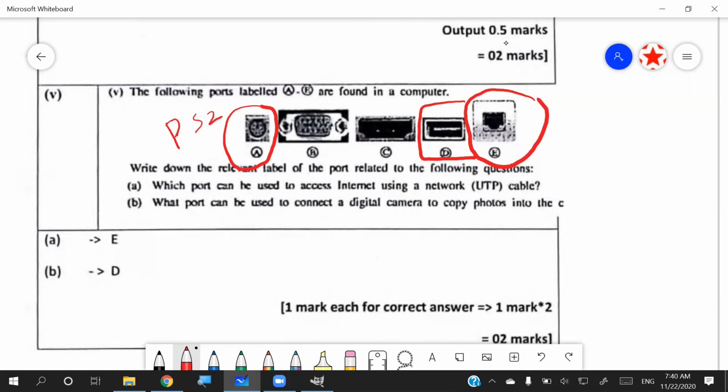But when it comes to the PS2, there are two types, the green color port and the purple color port. Green is for the mouse and purple is for the keyboard, right? And those are not plug and play as well, right? Lalindi, is it clear? Right, great.